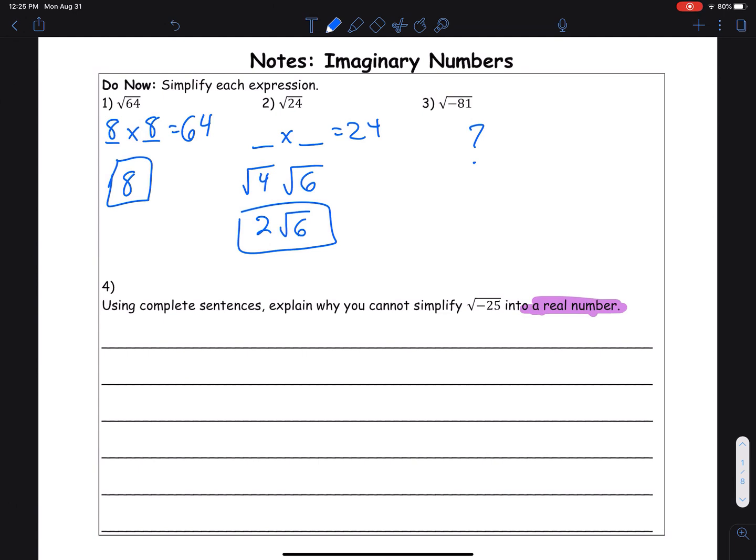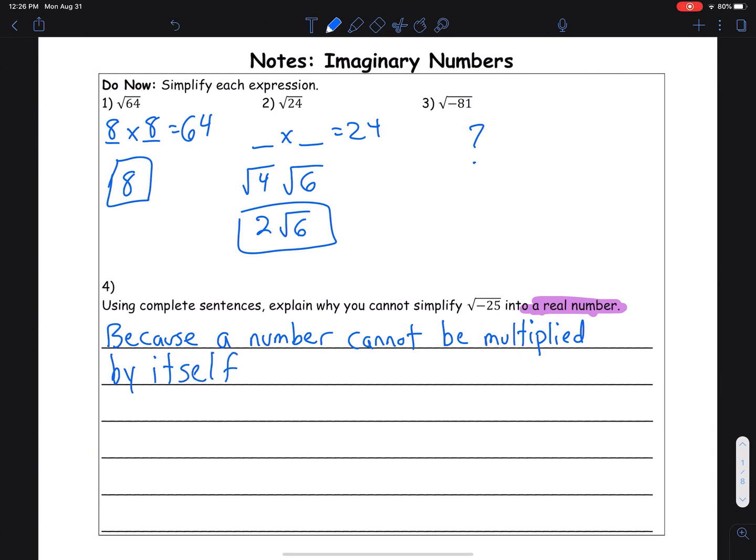What I said is because a number cannot be multiplied by itself to obtain negative 25.